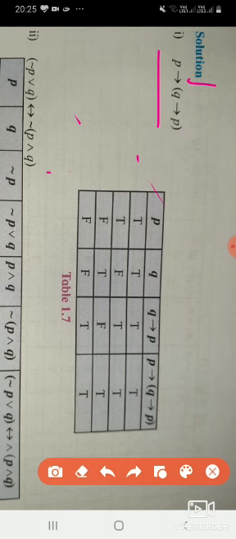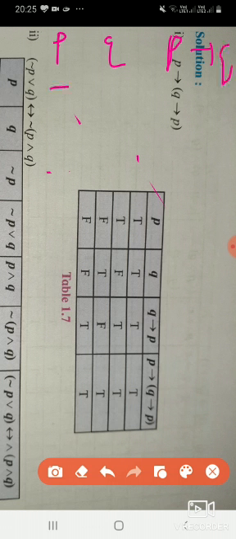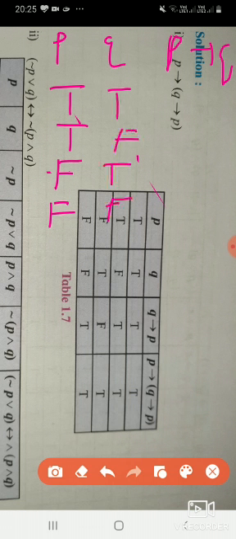I am writing the table on the side just to see. Suppose the truth table of P, Q, P tends to Q: true, true, false, false and true, false, true, false. True to true is true. True to false is false. False to true is true, and false to false is true.